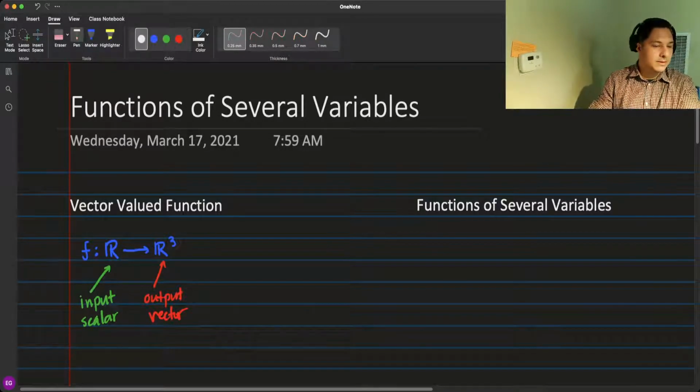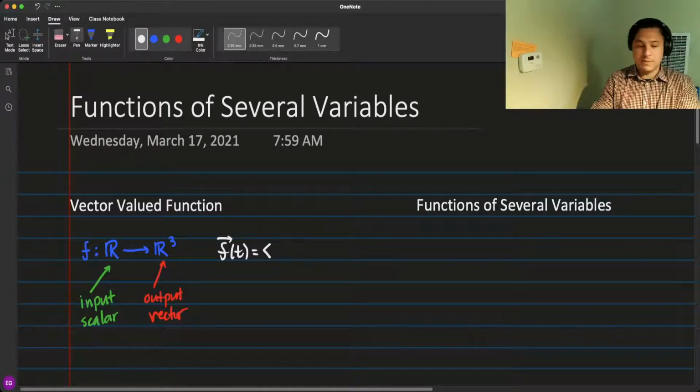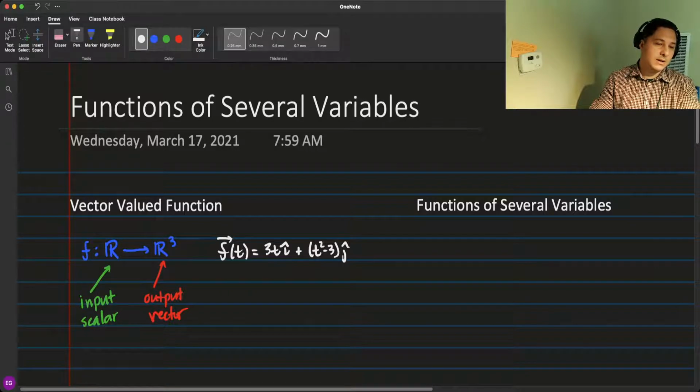So as an example, you can say the vector valued function f of t is equal to, and then we can give the components. Let's write it with i, j, and k. You could say the x component is 3t, so you'd have 3t i plus, I don't know, t squared minus 3 j plus t cubed k.